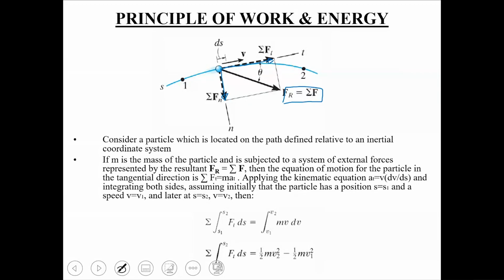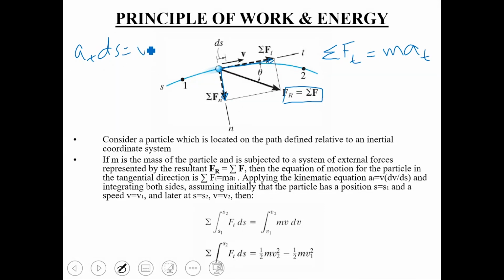So if m is the mass of the particle and it is subjected to a system of external forces represented here as Fr equal to summation F, then the equation of motion for the particle along the tangential axis can be written as we have discussed earlier in the previous chapter, summation Ft should be equal to mat.